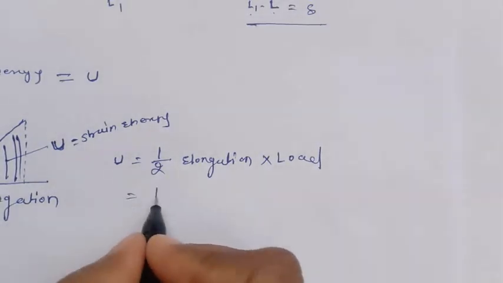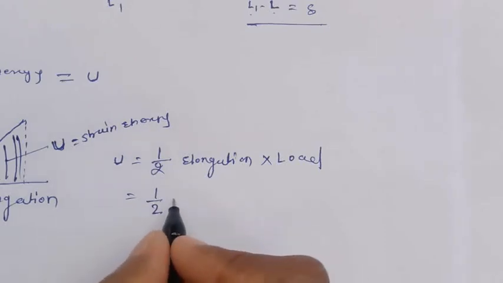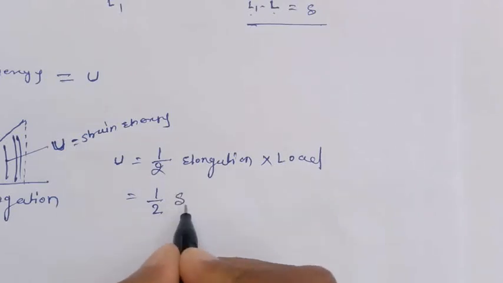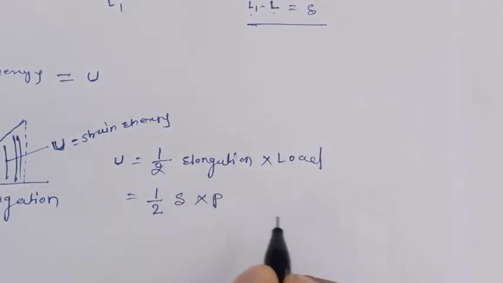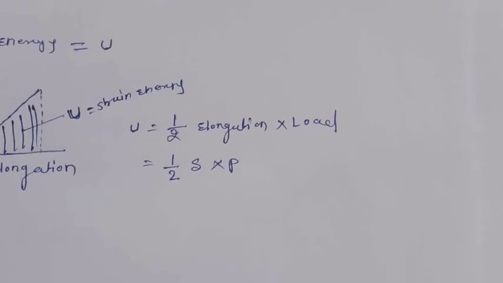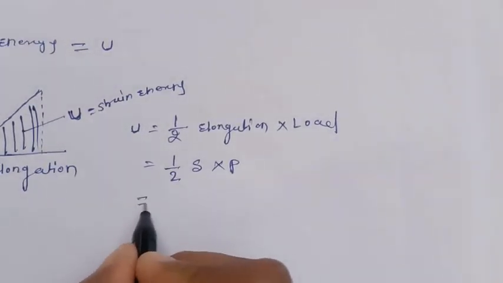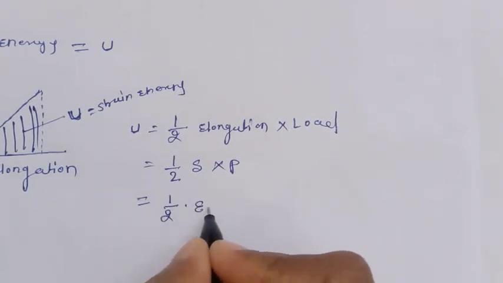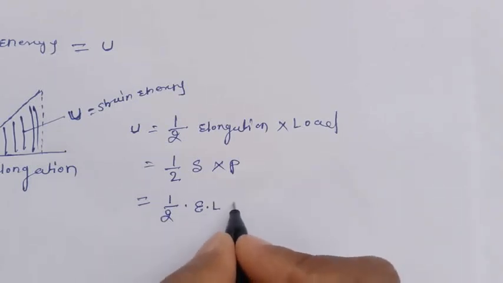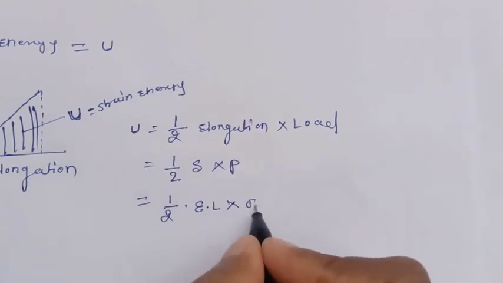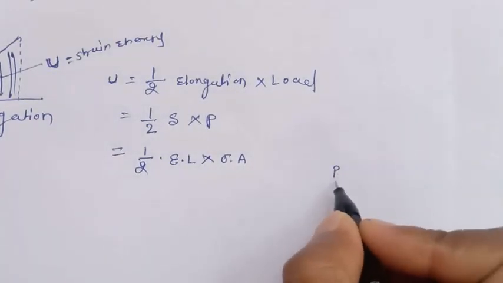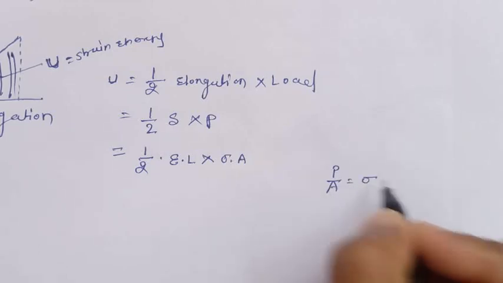and that can be written as, the elongation is del and the load is P. This can also be expressed as 1 by 2, where the elongation is epsilon into L, and P can be written as sigma into A. Here P is load by area, which is nothing but the stress.